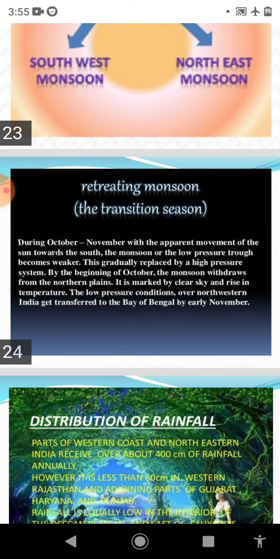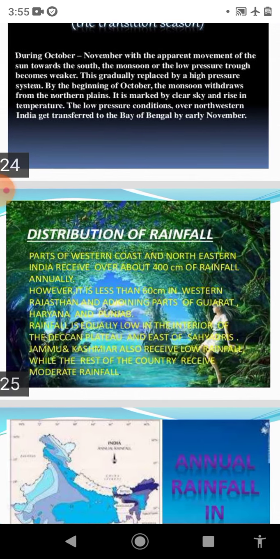Most parts of India remain dry during this season. Only Kerala, Tamil Nadu, and adjoining areas of Andhra Pradesh receive rainfall. The northeast monsoon absorbs moisture while passing over the Bay of Bengal and causes rainfall in the southeastern coast of India. After that, we will discuss the distribution of rainfall.